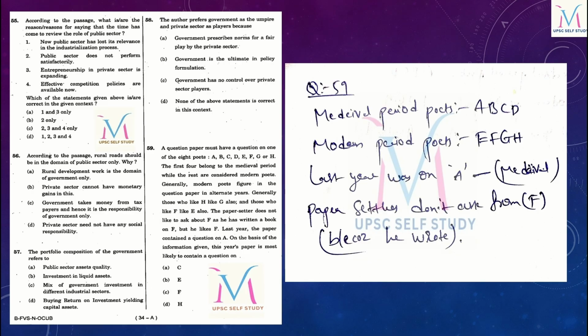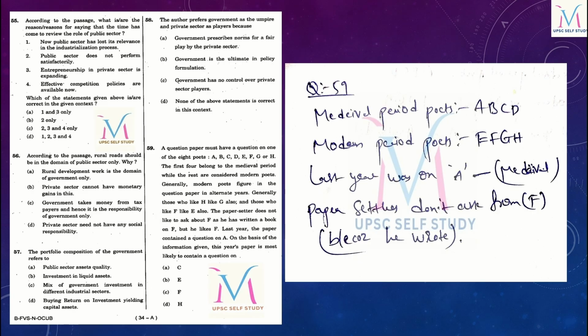Coming to the 58th, the author refers to the government and the private sector as players because, option A, government prescribes norms for fair play by the private sector; government is ultimate in policy formulation; government has no control over the private sector players; none of the above statements is correct.